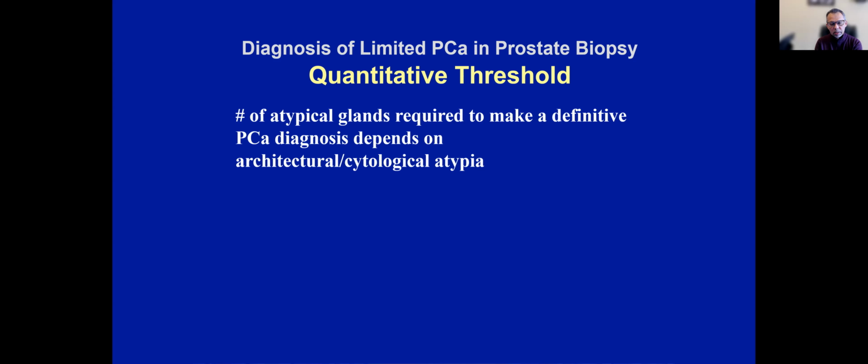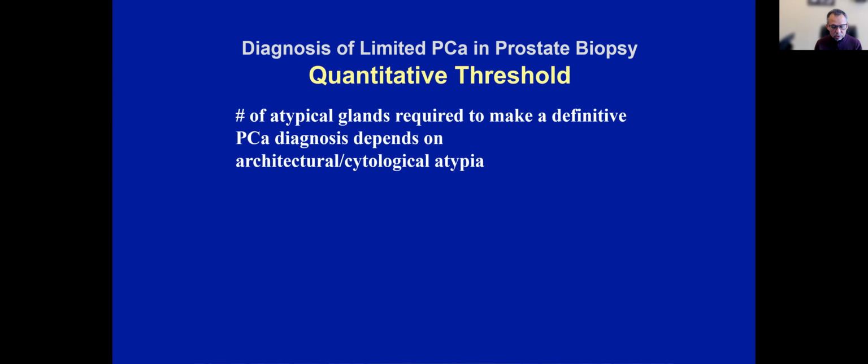An important question that you may have is how many glands do you require to make a diagnosis of prostate cancer? Truly speaking, there is no magic number, but in general it depends on the degree of architectural and cytological features that you have present within the lesion. It also depends on your own experience and threshold, and particularly in the active surveillance era, we all tend to be a little bit more conservative in applying some of these criteria.